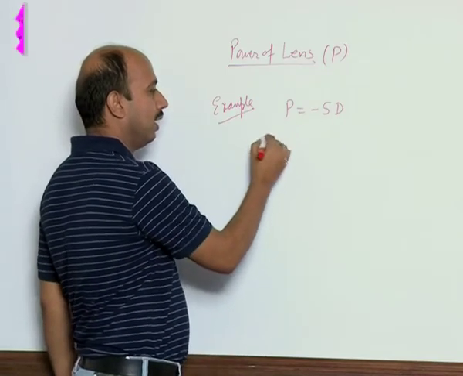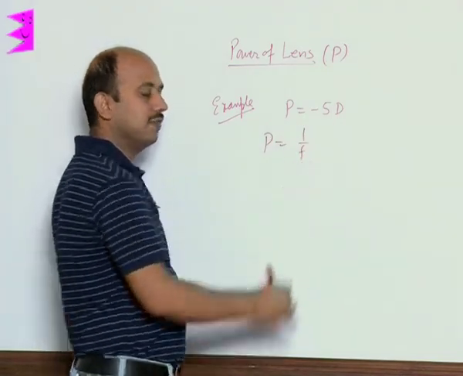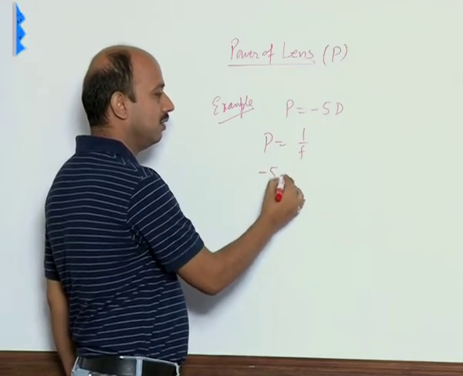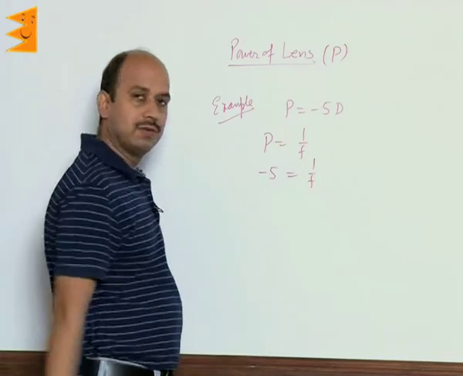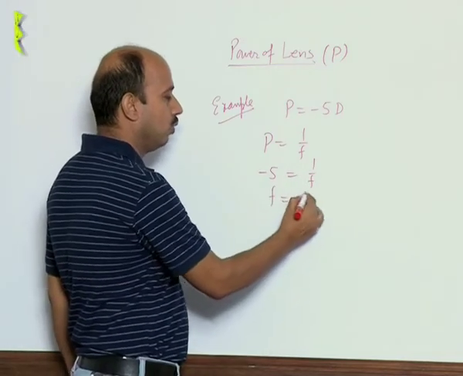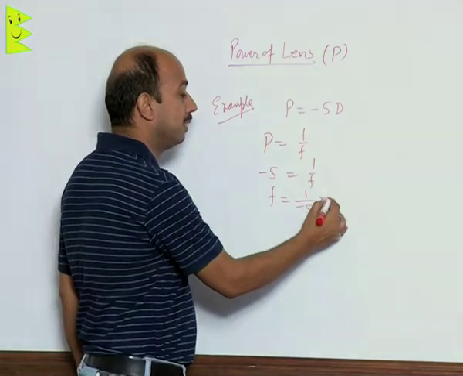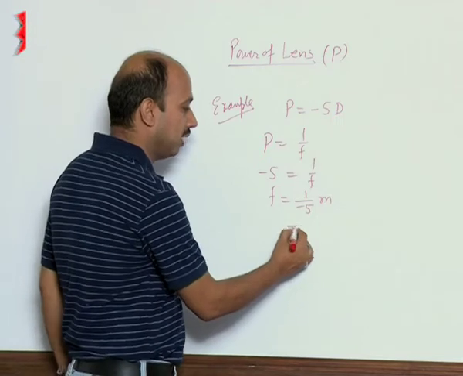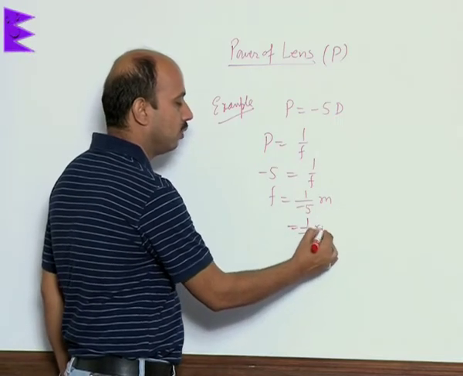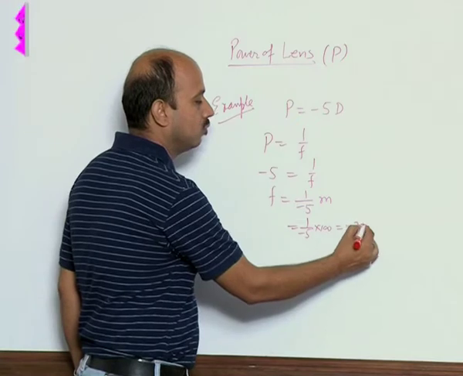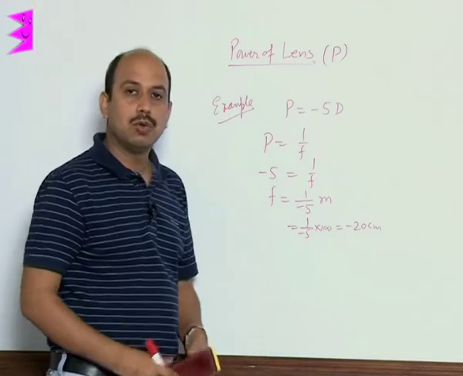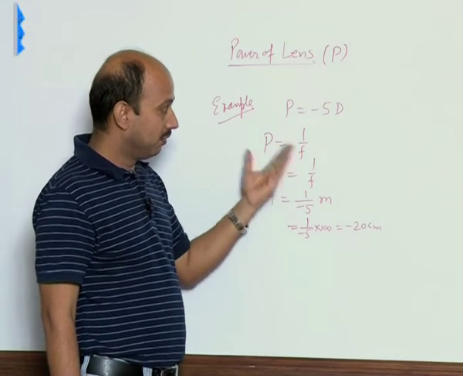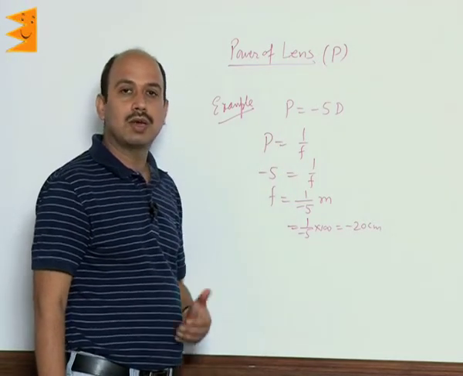Now, we can write power is equal to 1 upon F. So, minus 5 is equal to 1 upon F. So, F is equal to 1 upon minus 5 meter, because focal length was in meters. But if you have to convert into centimeters, so 1 upon minus 5 into 100 is equal to minus 20 centimeter. So, power of lens you can calculate if the focal length is given, and if power is given you can calculate focal length.